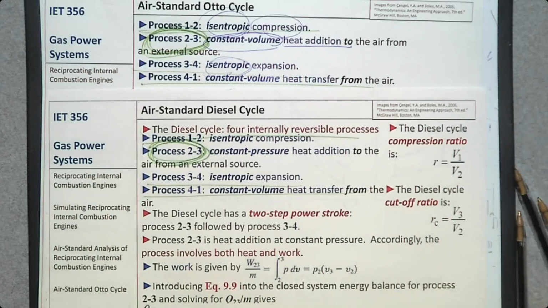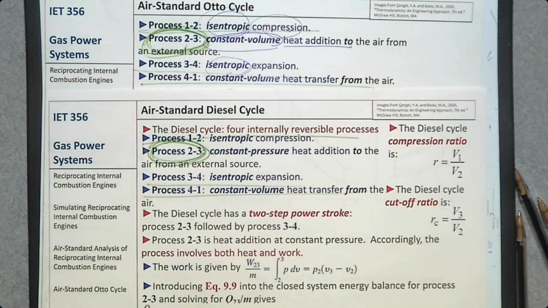The energy balance equation for all the other three are the same. So we are going to focus on process 2 to 3 and make PV diagram, TS diagram, energy balance equation, and that's all. Then we are going to solve one problem together that will complete Otto cycle and diesel cycle.